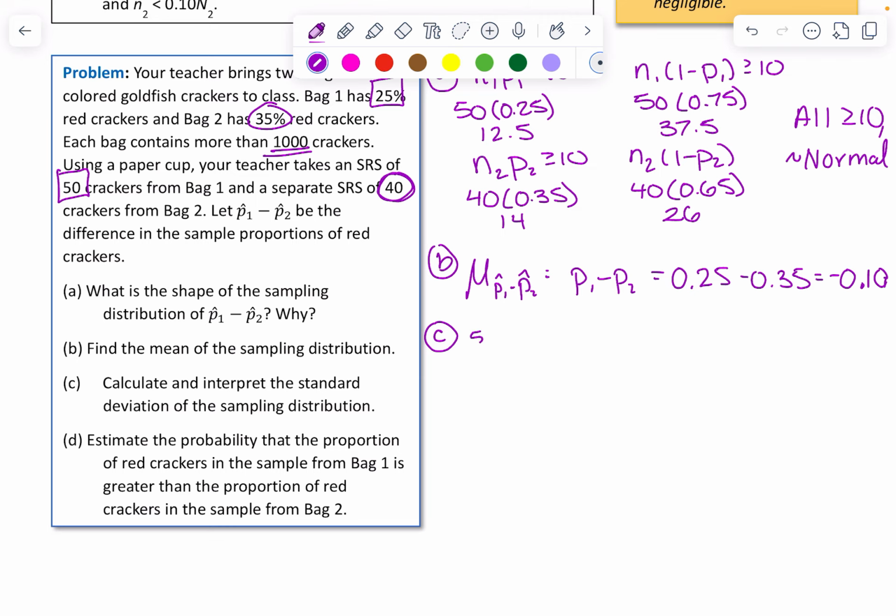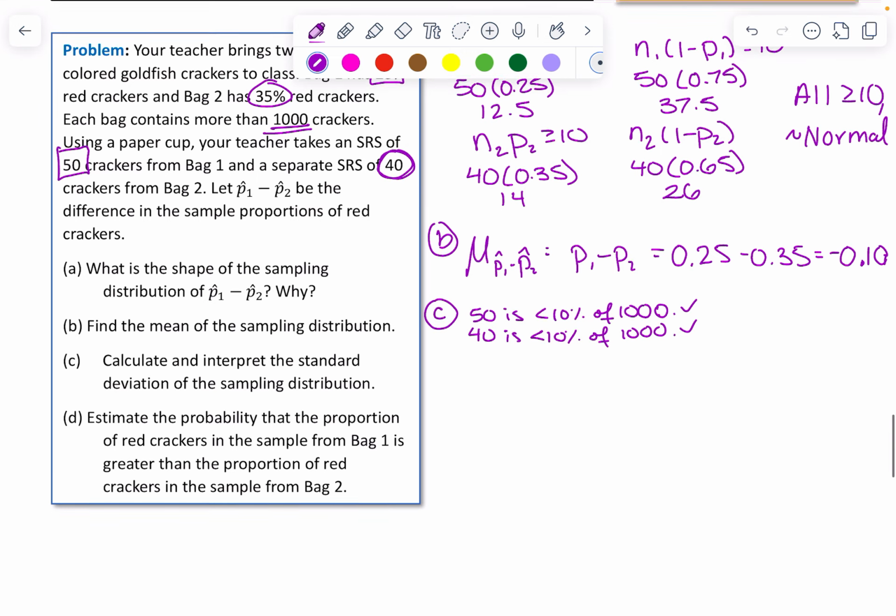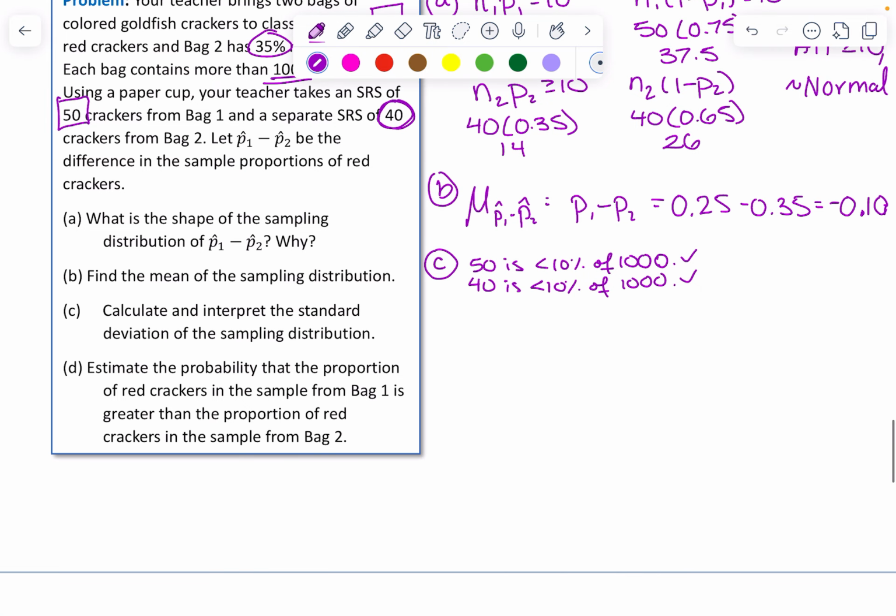So I know 50 is less than 10% of 1,000, and I know 40 is less than 10% of 1,000, because 10% of 1,000 is 100, and 50 and 40 are both less than 100. So I just wanted to make sure we got that 10%.